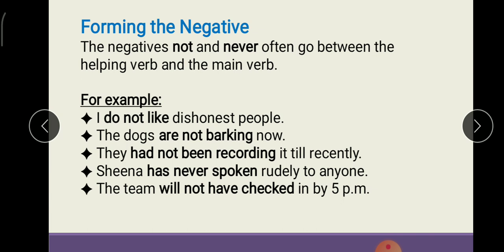Sheena has never spoken rudely to anyone. The team will not have checked in by 5 p.m. In all these examples, these are the forms of negative sentences in which we have used not and never.